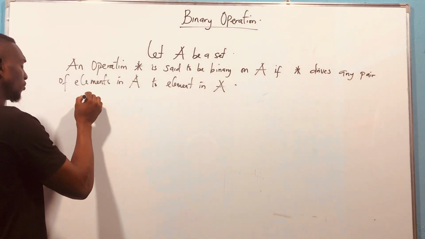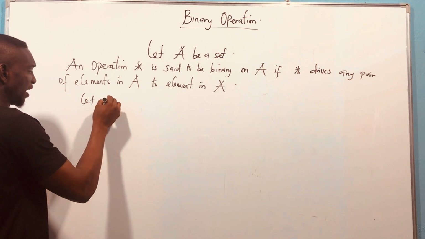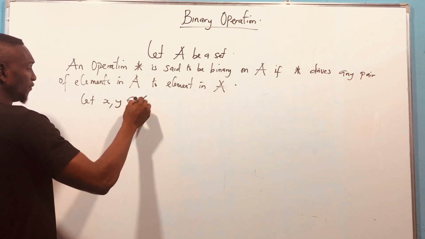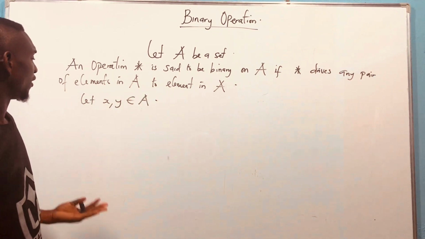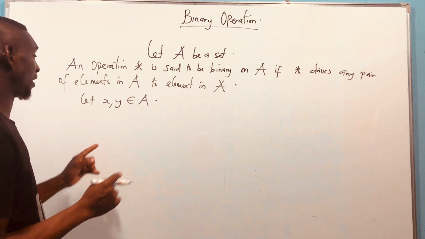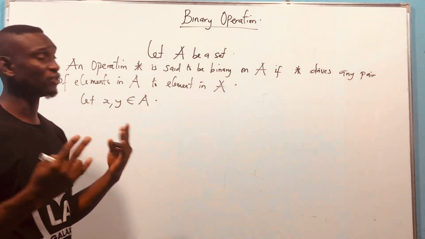Let x and y be elements of A. Now, we talk about pair. It talks about two things acting as a unit.